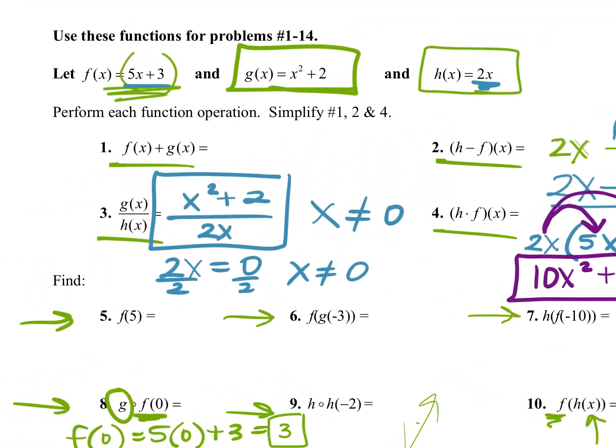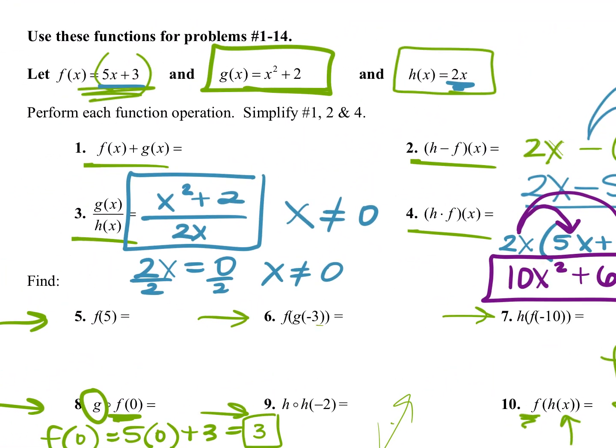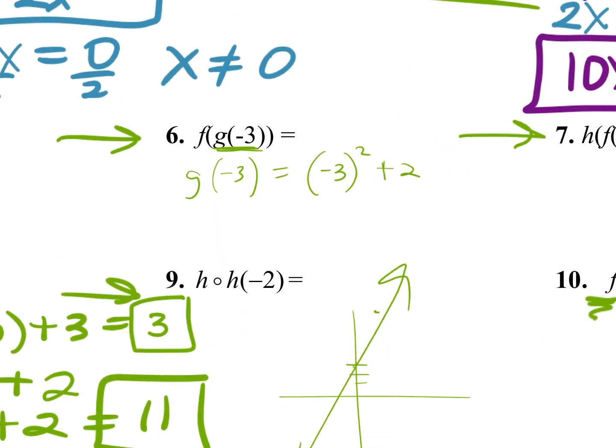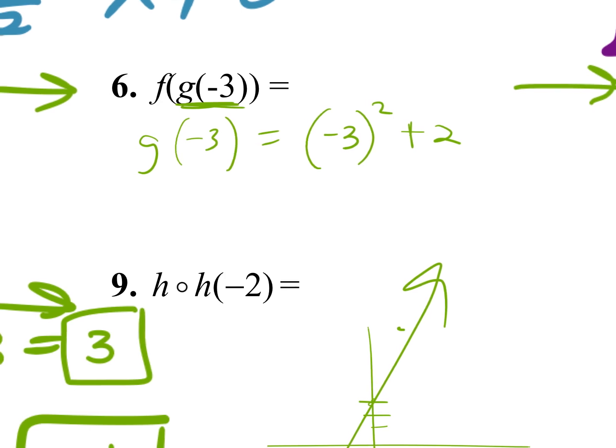Okay, so 6 is f of g of -3. So you start inside. G of -3 is going to be, parentheses matter here, right? -3 squared plus 2. Okay, so if you simplify that, that's 9 plus 2, or 11.